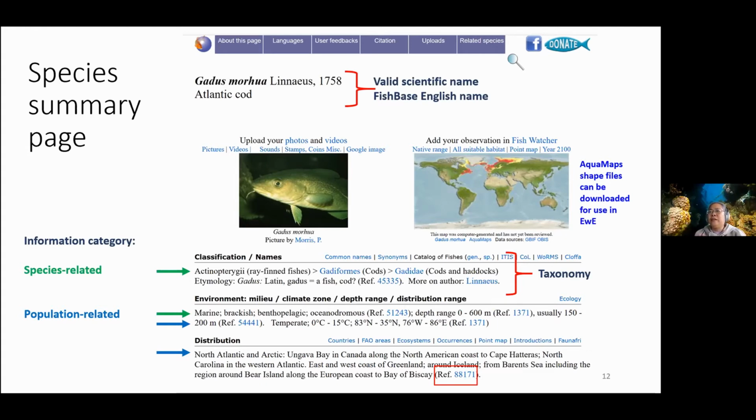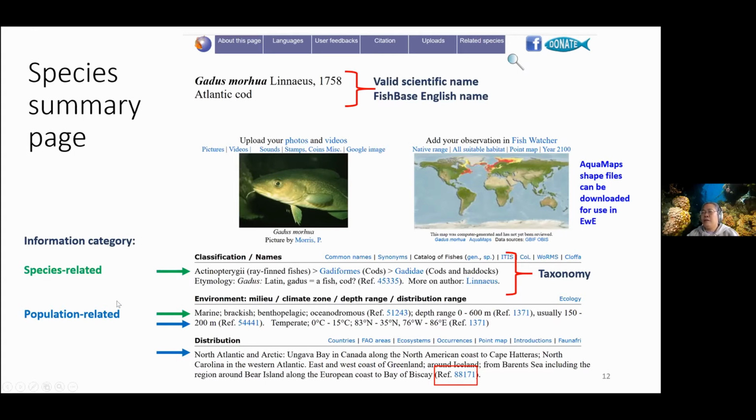The next thing that we have to put in our minds is that in the species summary page, there are species-specific information and there are population-specific information, and they are a mixed bunch. But of course, the taxonomy is species related, and that only involves anything that is about the species.